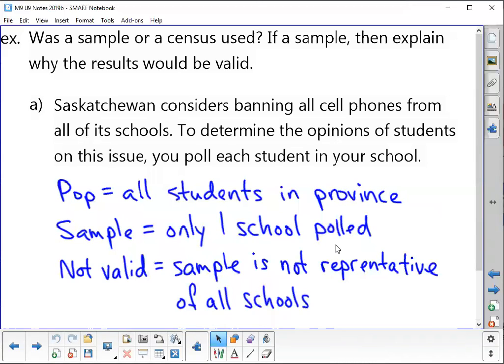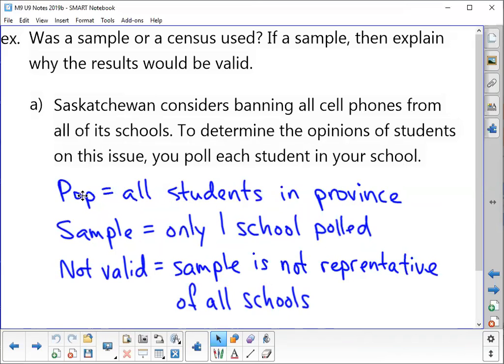So, was a sample or a census used in this question? Saskatchewan considers banning all cell phones from all of its schools. To determine the opinion of students on this issue, you poll each student in your school. So, this is a population.